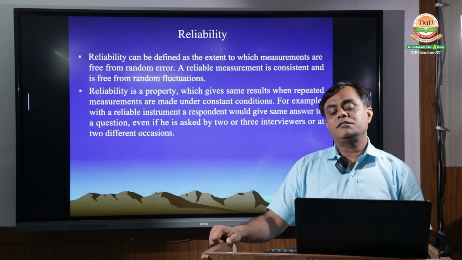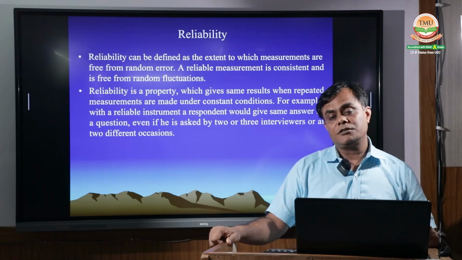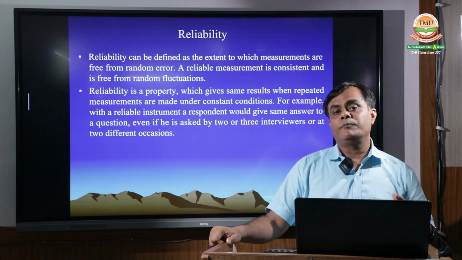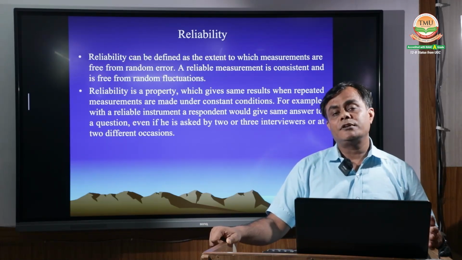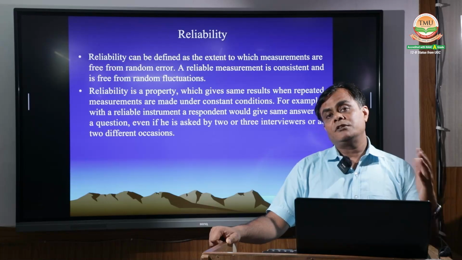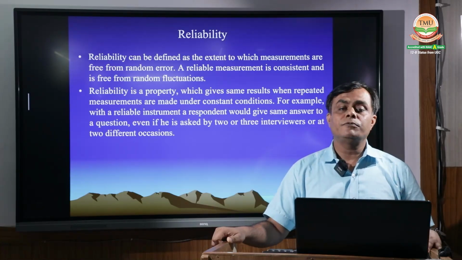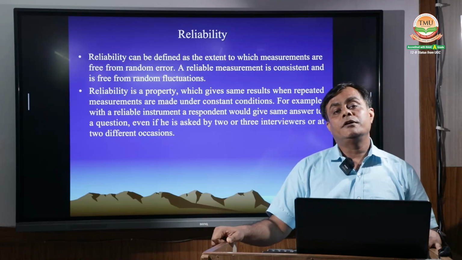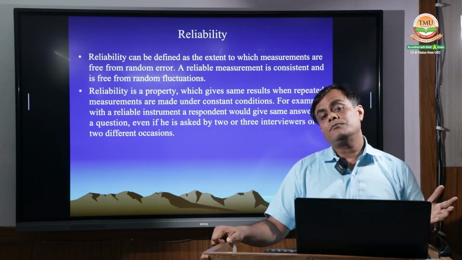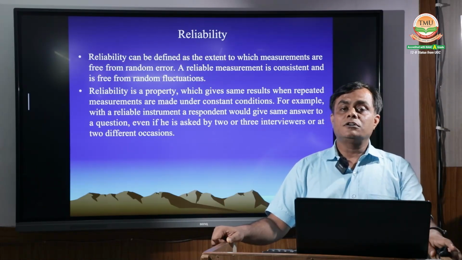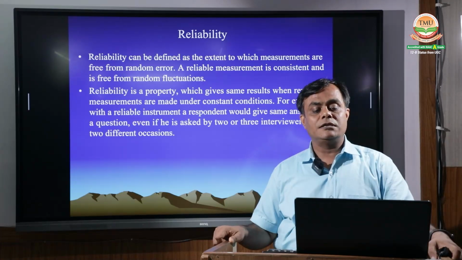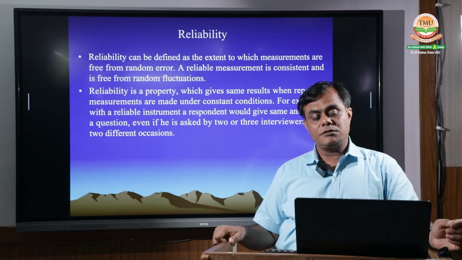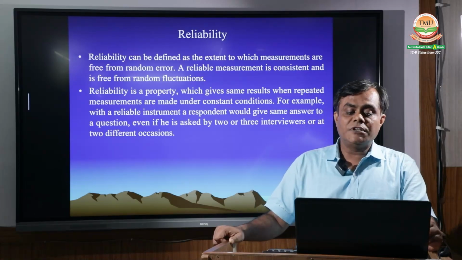For example, if under the same condition one interviewer asks a question and the answer is the same when another interviewer asks the same question under the same condition, then there is consistency, and that is called reliability.